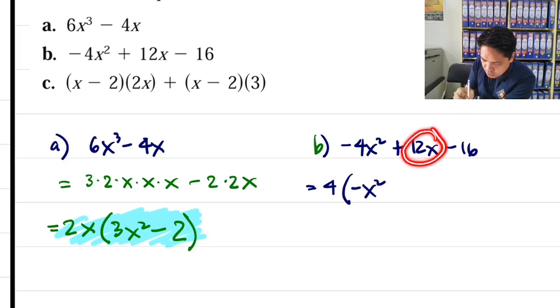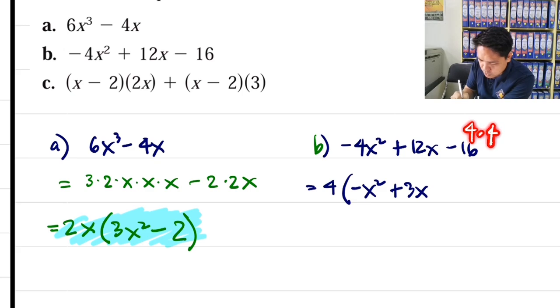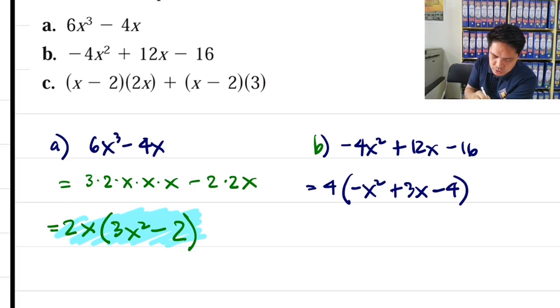Yung naiwan dito, kasi this is 3 times 4 times x, you factored out 4, so 3x na lang ang naiwan. And here naman, since this is 4 times 4, you factored out isang 4, so meron ka pang 4, so negative 4. So this could be an answer.